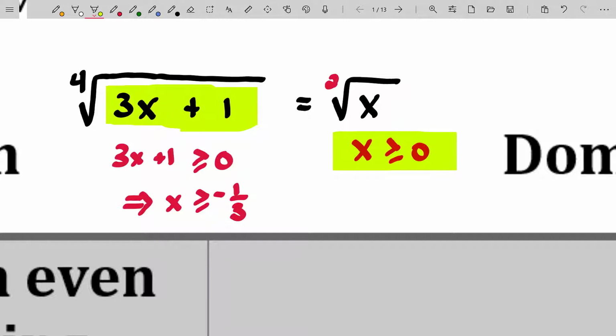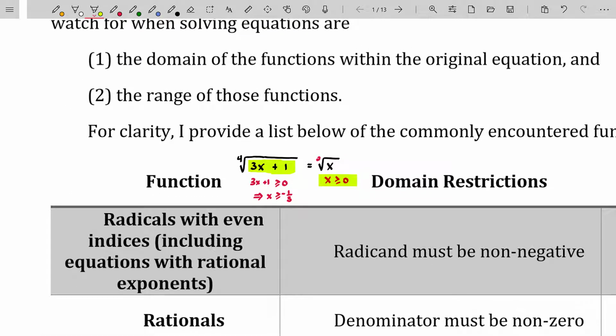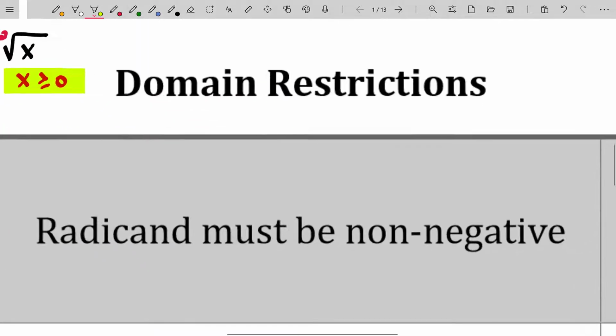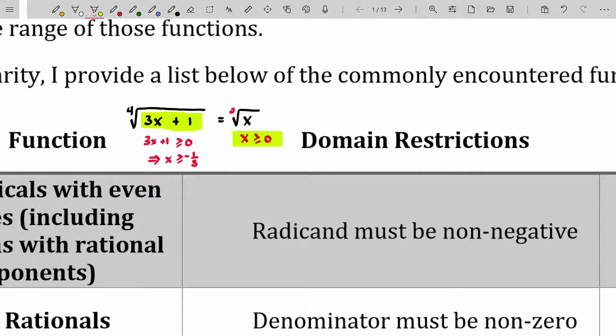So that highlighted restriction is the more restrictive restriction, I guess you could say. So that's something you need to watch out for when you're working with equations involving radicals with even indices. The radicand must be non-negative. And so I generally make that note before even starting to solve.